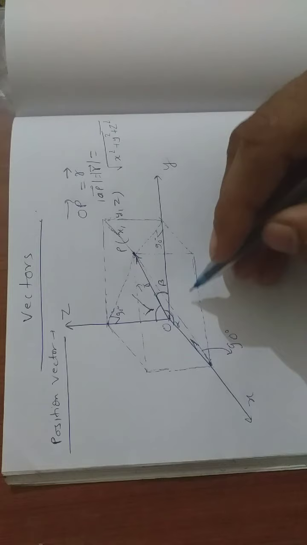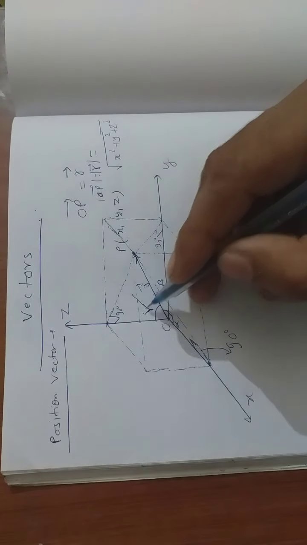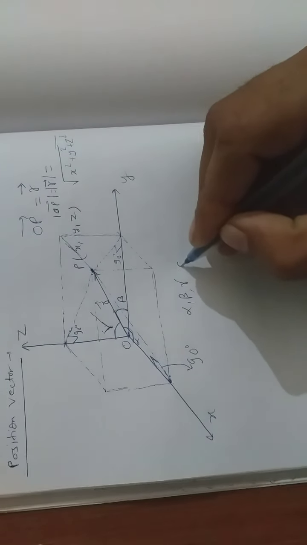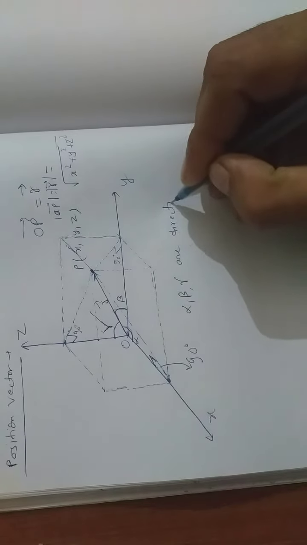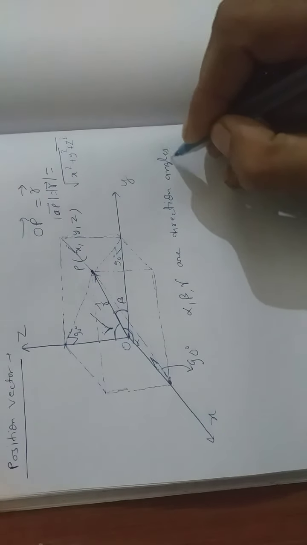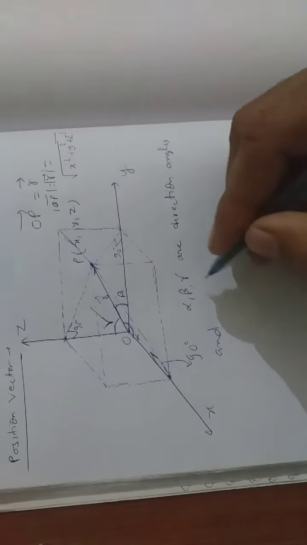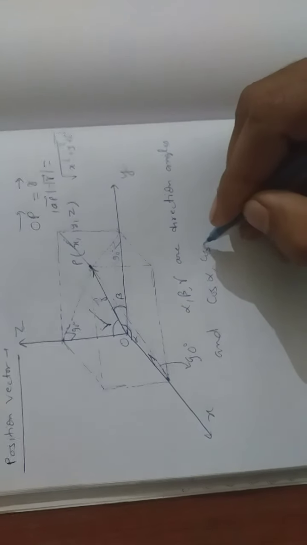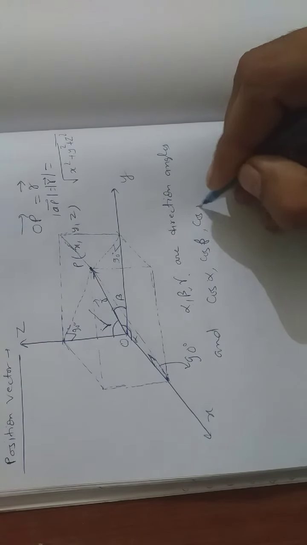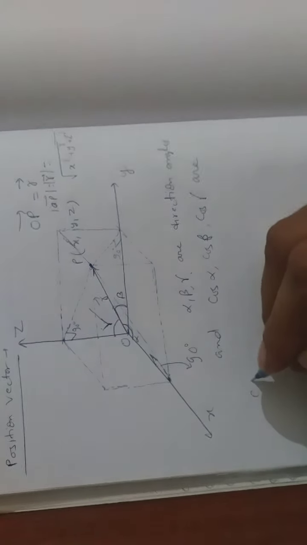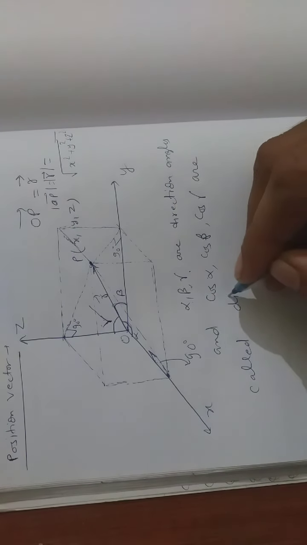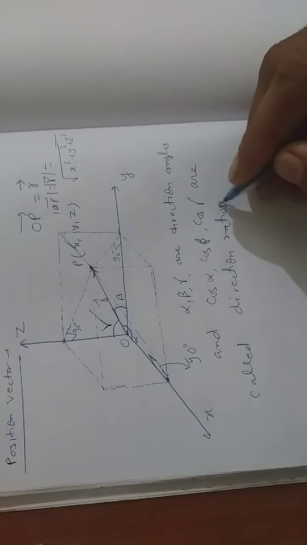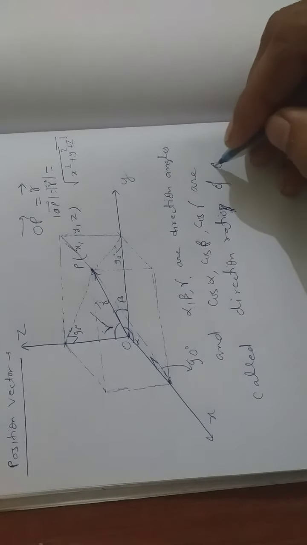Then these angles alpha, beta, and gamma are called direction angles, and the cosine values of these angles, that is cos alpha, cos beta, cos gamma, are called direction cosines of vector OP.